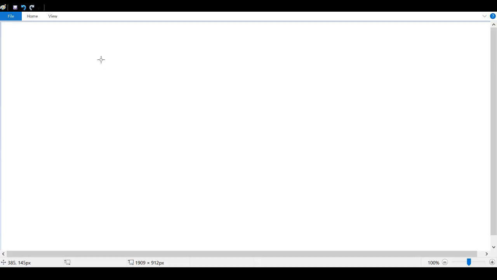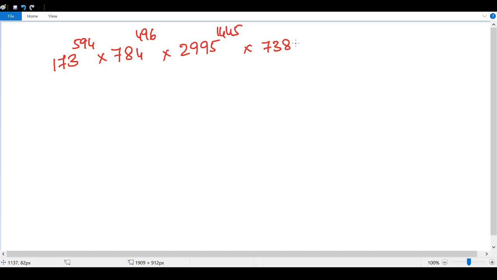The question is 173 power 594 into 784 into 496 into 2995 raised to 1445 into 7387 into 1326 into 2998132. Do you want more? Okay, one more. 196 power 196. What is your unit digit?